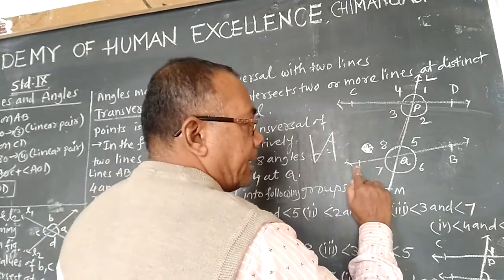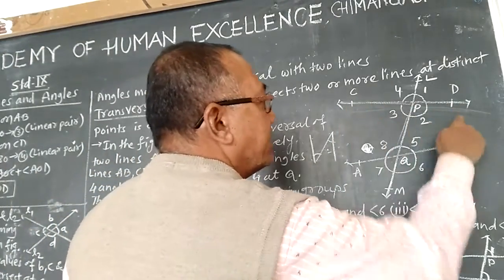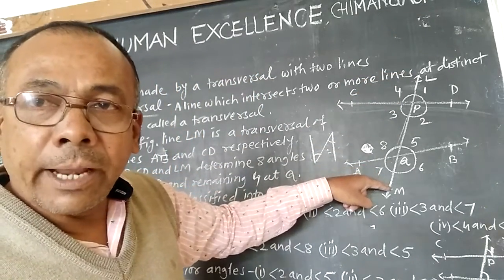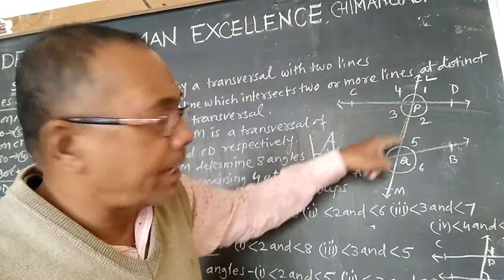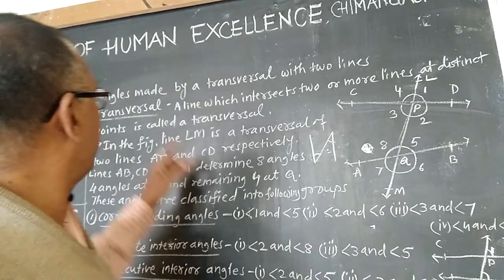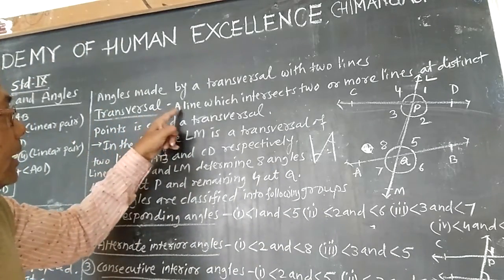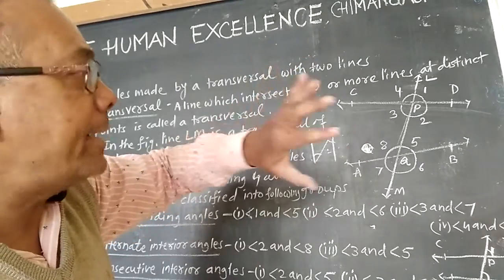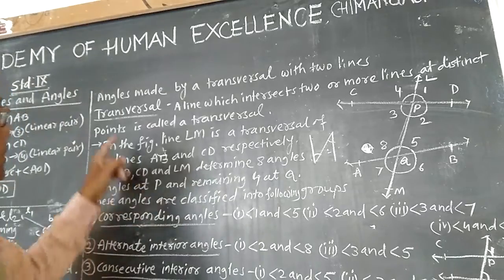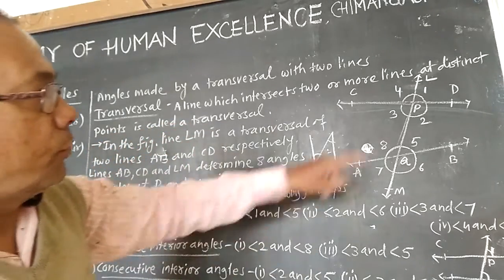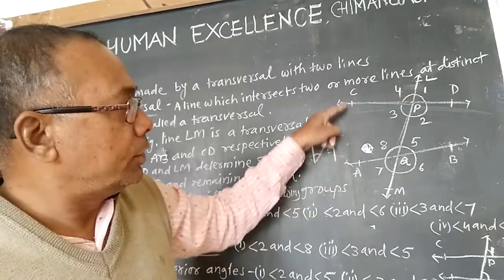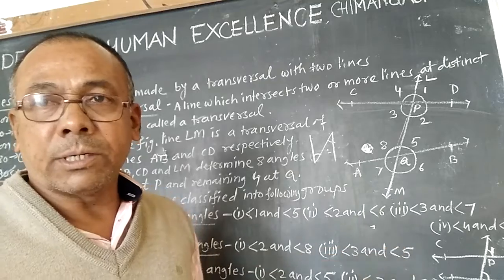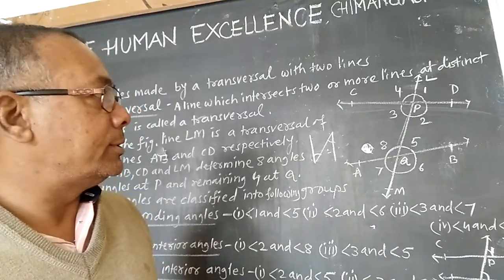Here line AB and line CD are the two lines, and LM is another line which intersects these two lines at points P and Q. According to the definition of transversal, a line which intersects two or more lines at distinct points is called a transversal, and therefore LM intersects the two lines AB and CD at P and Q, and therefore line LM is a transversal of the two lines.